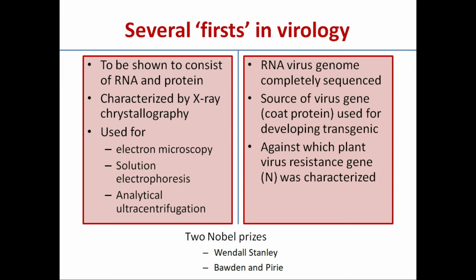It is also the first RNA virus genome completely sequenced. It is the first virus used as a source of virus genes for developing transgenics. It is also the first virus against which a plant resistance gene was characterized. And two Nobel Prizes were awarded for studies of tobacco mosaic virus, as we said earlier.